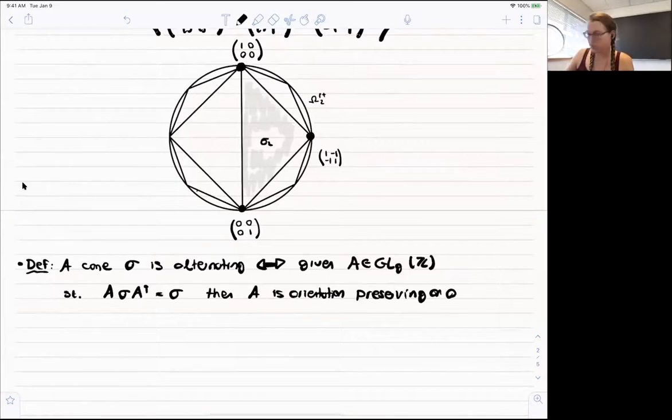So what do I mean? I mean, I have an element of GLGZ acting, and I assume that it's taking sigma to sigma, which means if I restrict to sigma, I get a map of manifolds with boundaries or manifolds with corners from sigma to sigma.